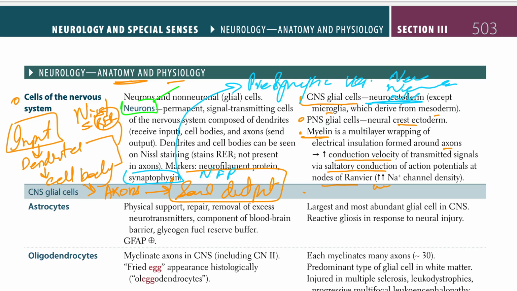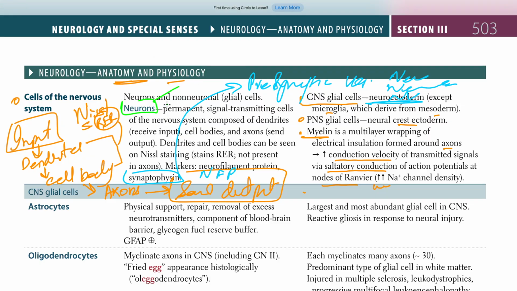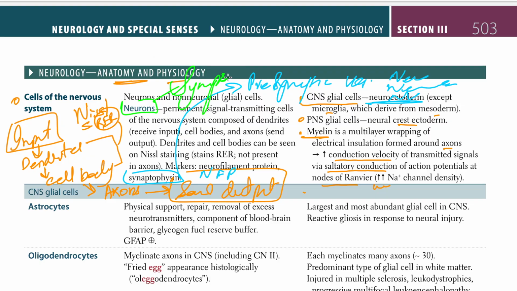Well, neuron synapses. So it is synaptophysin. Synapse with synaptophysin, and with the neuro, we already know neuron is the simple thing. So neurofilament protein, that's easy to remember. And this is high yield. So markers are super high yield. Okay, and what else? So yeah, that's what we have.